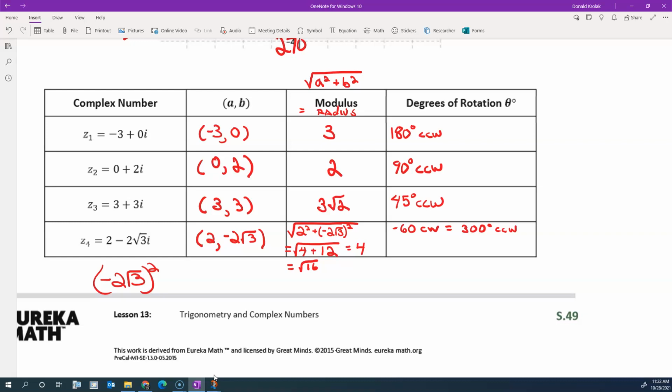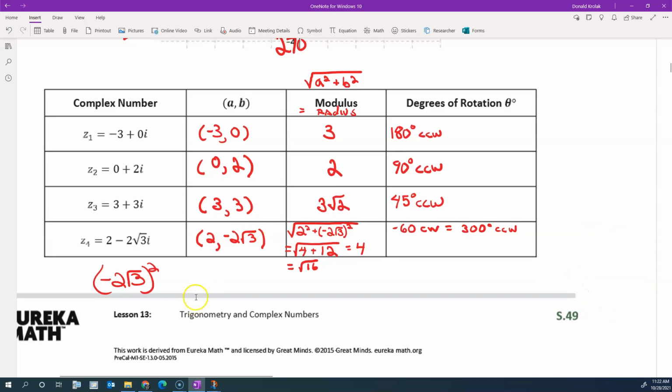Rotate 45 degrees, mark it at a point 3√2. Rotate it 300 degrees, mark it at a point 4 out from the origin. Go to 300 and then measure 4 out. That's the location of that point.